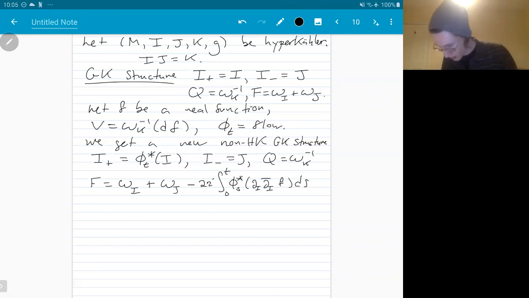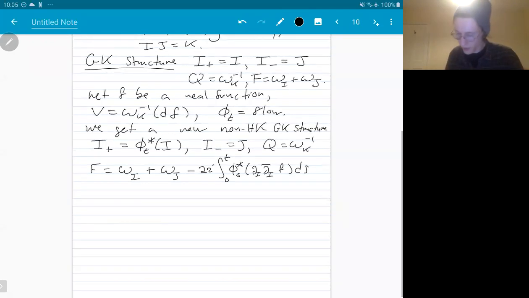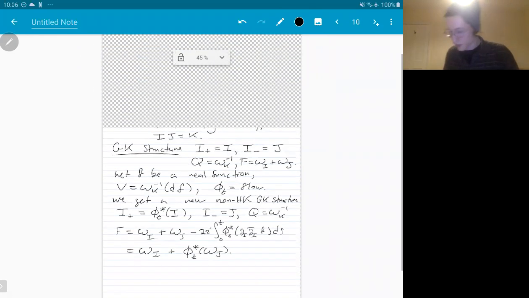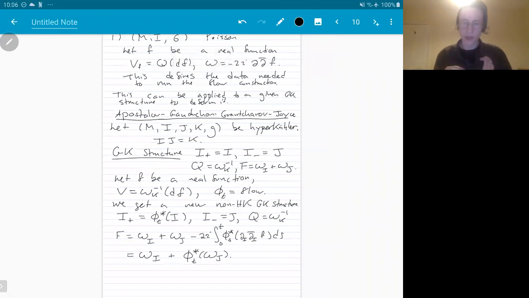Here the del and del bar operators are with respect to the complex structure I. And you can check this, you can rewrite it as omega I plus the flow of omega J. So this is a way of starting with a hyperkähler structure and deforming into a non-hyperkähler generalized Kähler structure.